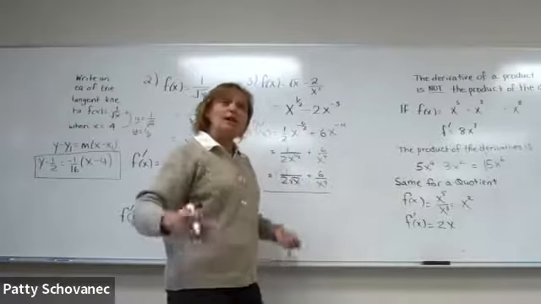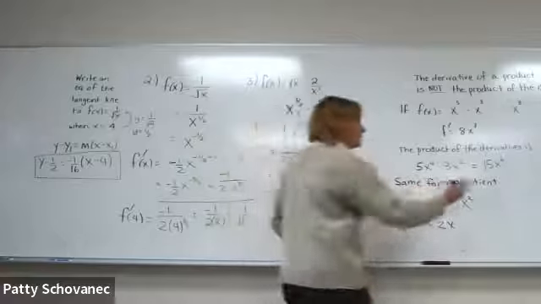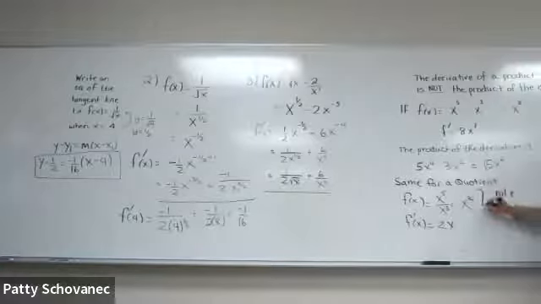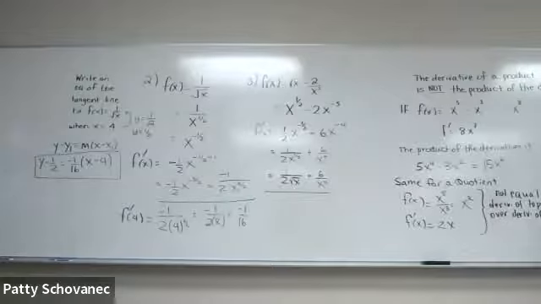But if I looked at the quotient of the derivatives, if I take the derivative of the top and divide it by the derivative of the bottom, the derivative of the top over the derivative of the bottom in this example would look like 5x to the 4th over 3x squared. I can't get the x squared out of that, but I get a 5/3 x squared, which is not that derivative.